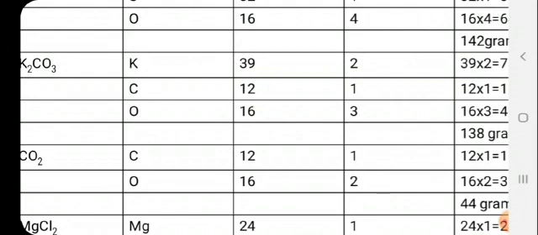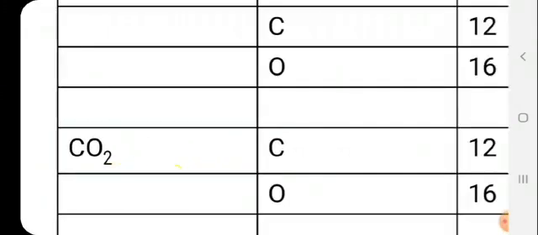Next compound is CO2, carbon dioxide. Constituent elements are carbon and oxygen. Atomic mass of carbon is 12, atomic mass of oxygen is 16. Number of constituent atoms: here it is clearly seen, single carbon atom and 2 oxygen atoms are present in carbon dioxide.